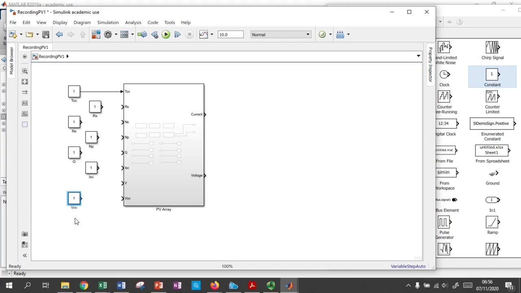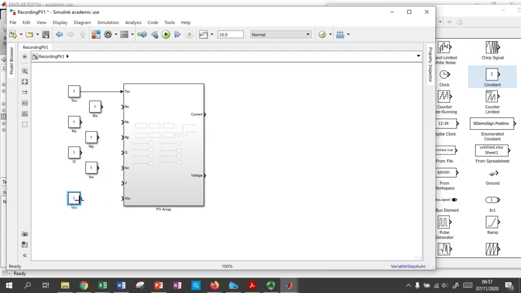V is the only parameter that we need to vary, from a constant value, for example from 0 to the higher value, which is maximum VOC, in order to find out the relationship between the current and voltage. Then this one should be one variable.